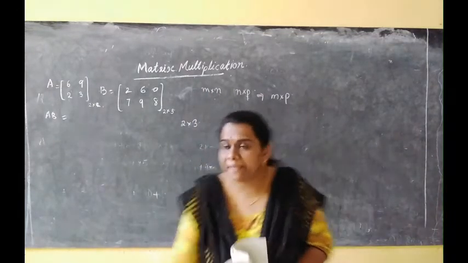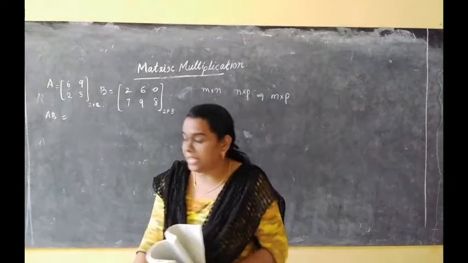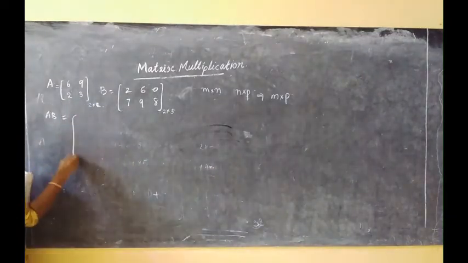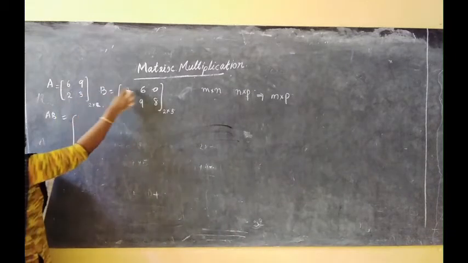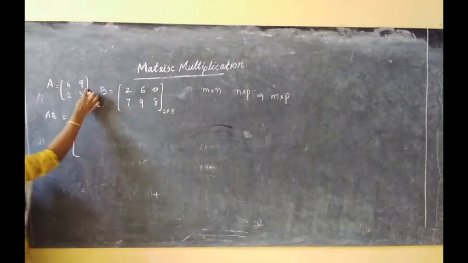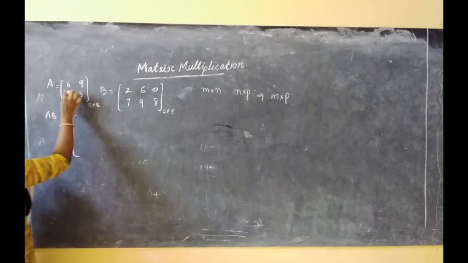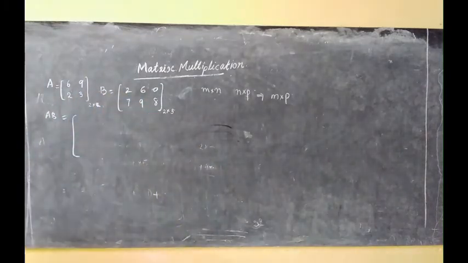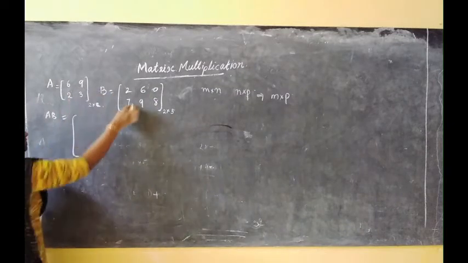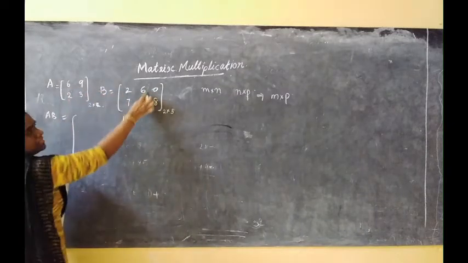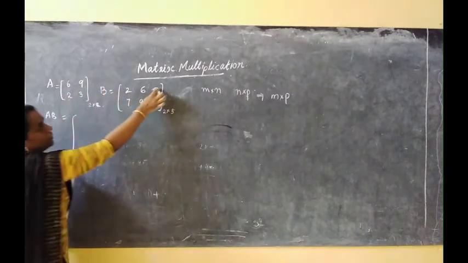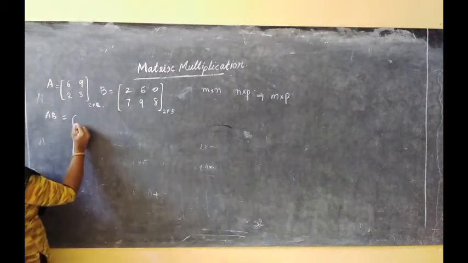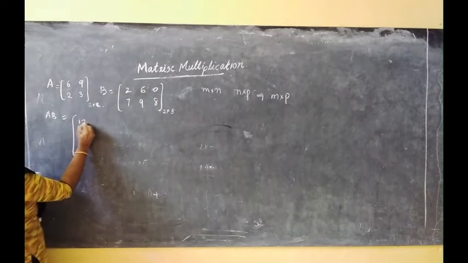So let us do the multiplication AB. First row, first column. Then first row, second column. First row, third column. These are the 3 elements. Understood? Let's multiply. 6 into 2, 12.